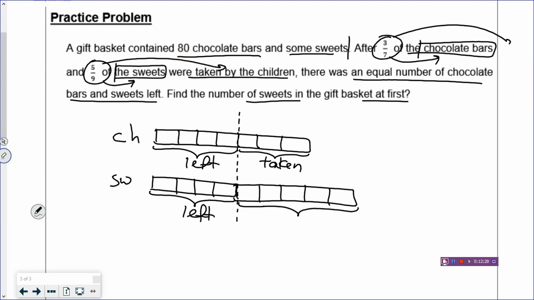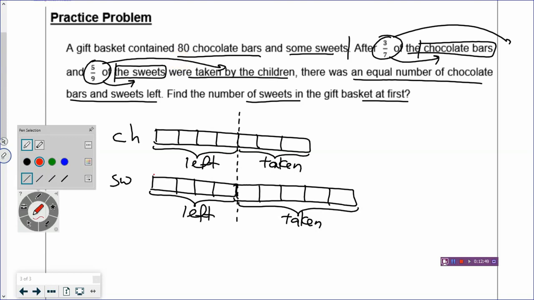So these are taken, and when these are taken away, you have 4 boxes left. And isn't the 4 boxes of sweets left equal to the 4 boxes of chocolate bars left? Alright, so find the number of sweets in the basket at first. So your question mark is here to find how many sweets there are in the basket at first.